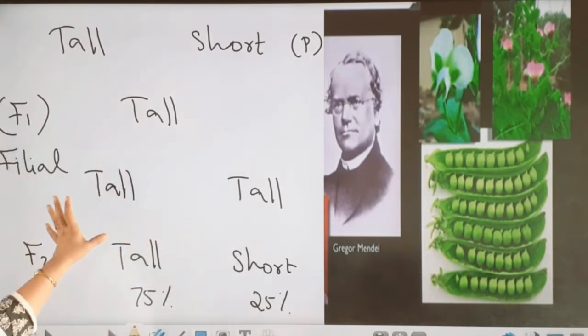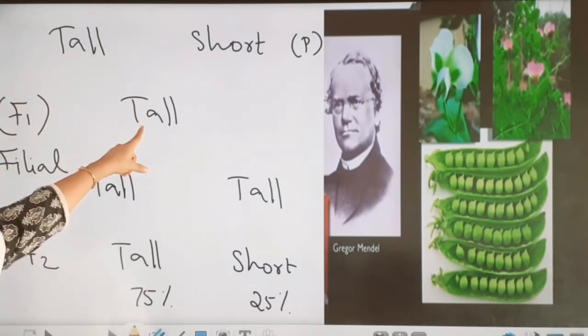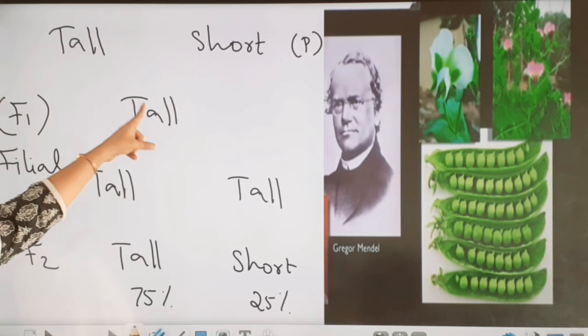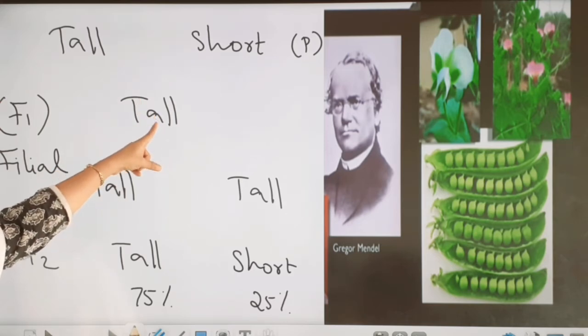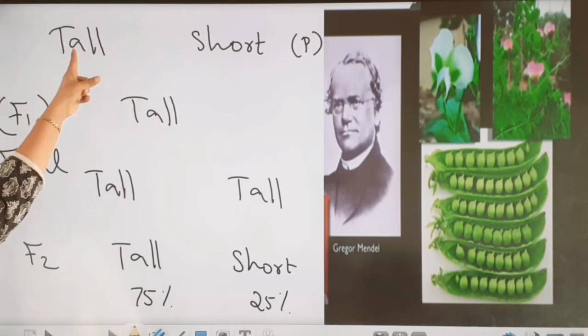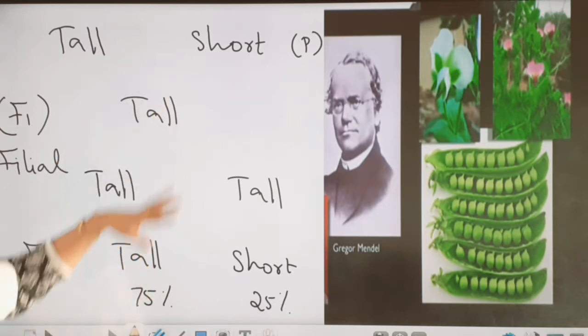From this experiment, he concluded that in the first generation, the offspring show one of the parental characters, and that was the tall character. But in the second generation, the offspring showed both the parental characters.